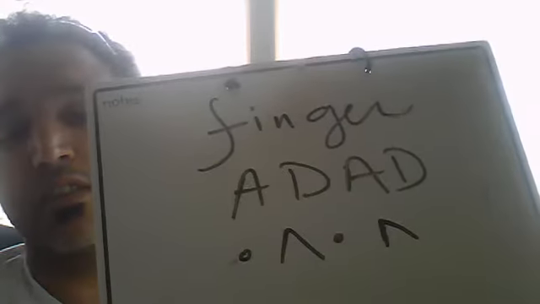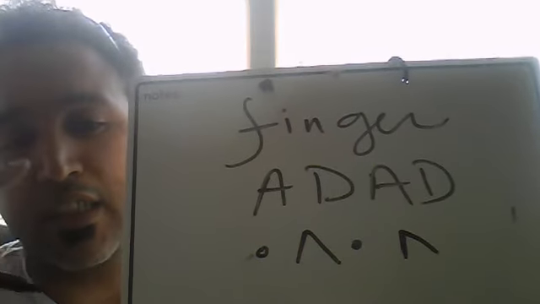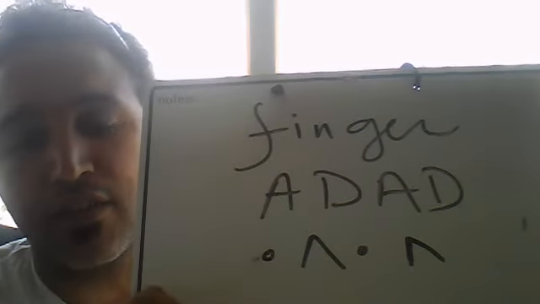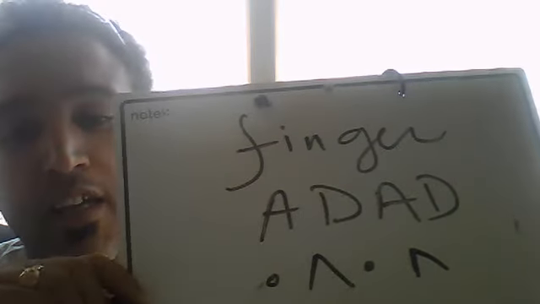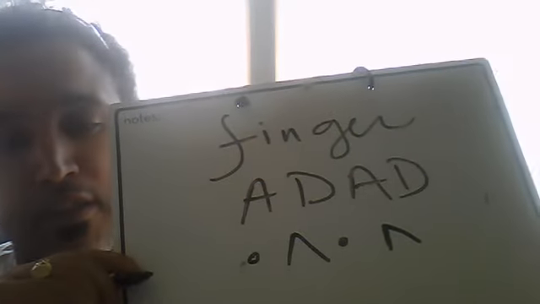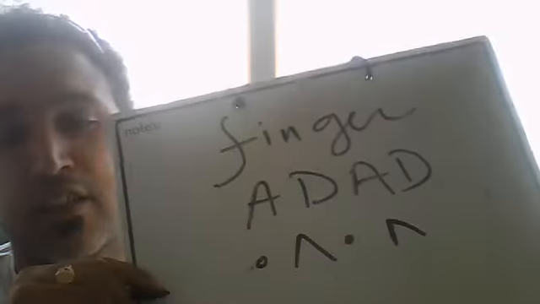It's easy to practice because it only has two characters, A and D. Adad means in Tamazight one finger. One finger is adad. Say with me again. Adad, the finger. Finger is adad in Tamazight.